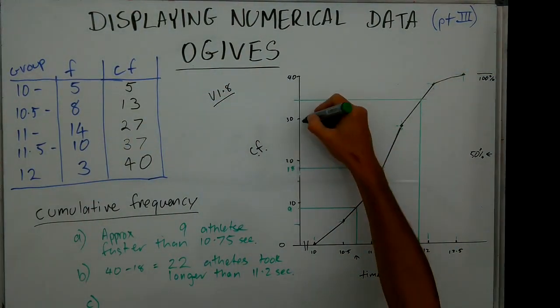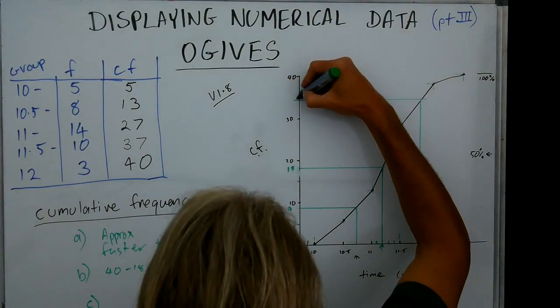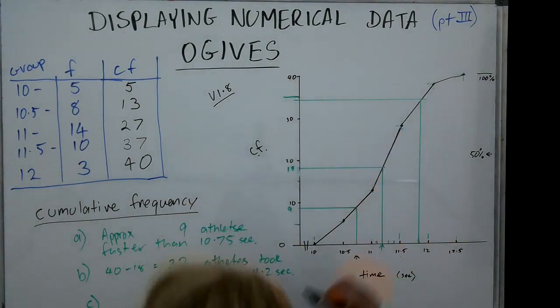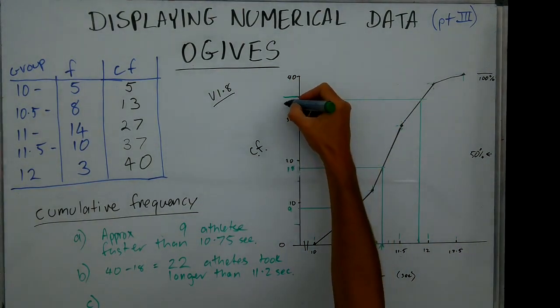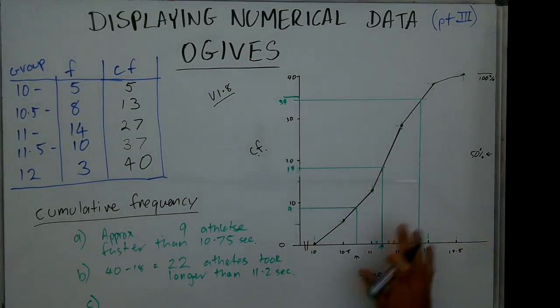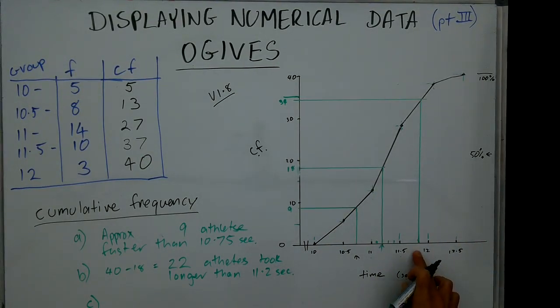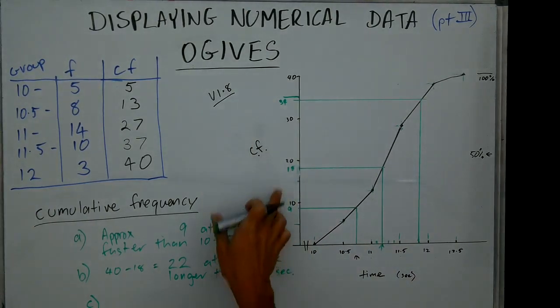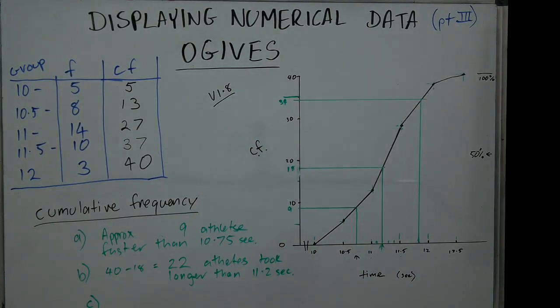I'm going to say that's 40 and that's 30. Maybe we'll call that 34. So 34 athletes. If you do this same example in the grid in the book, you might get slightly different numbers, but I'm going to call it 34.